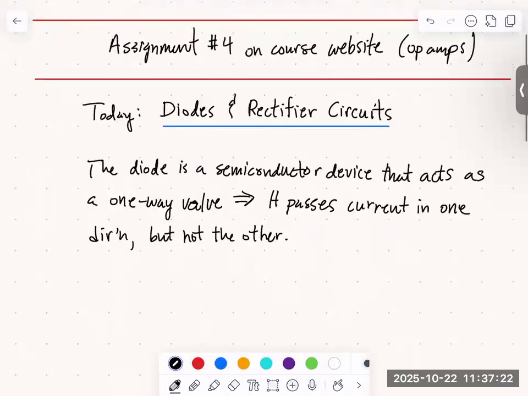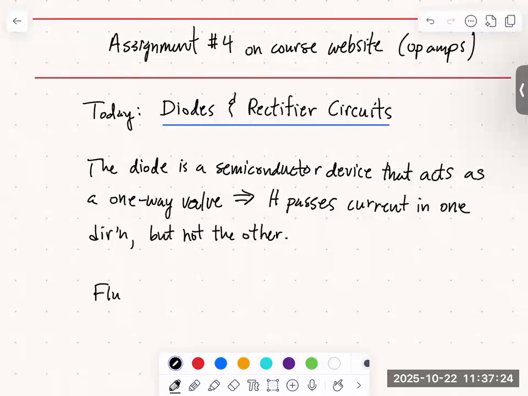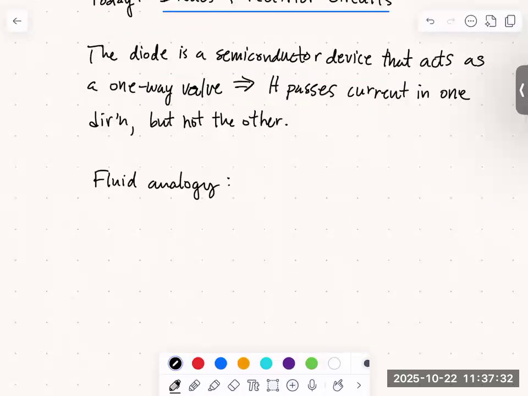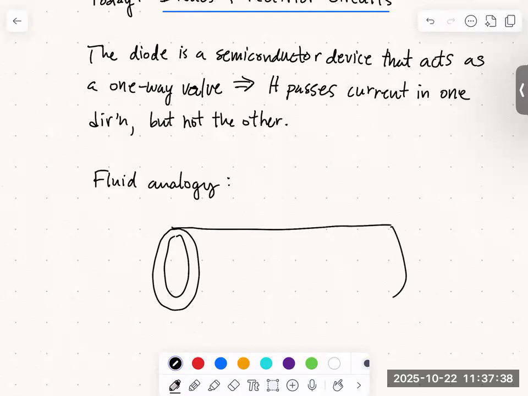Okay, so let's think about a simple fluid analogy. First of all, let's just think of a pipe. So here's some kind of hollow pipe, and we're going to try to pass a current of fluid through this pipe. The pipe has some walls with some thickness.